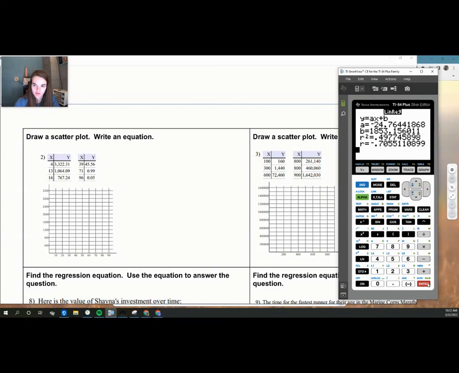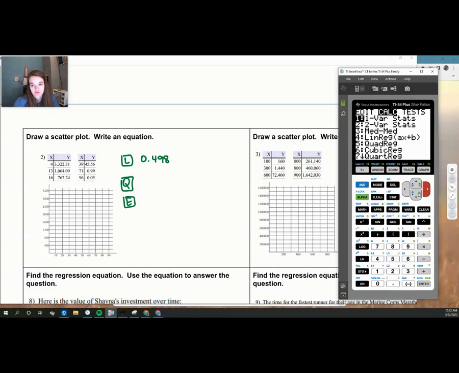All right. Stat calc 4. I didn't check and see what it looked like, but that's okay. Honestly, I don't have to see what it looks like. Linear, there's no way it's linear. 0.498. It's a very weak correlation. Just because it's very weak doesn't mean that it's not the best, because the quadratic and other things might be weaker.